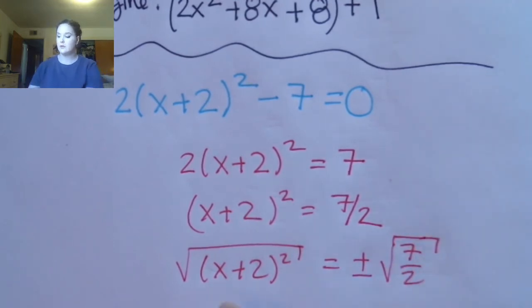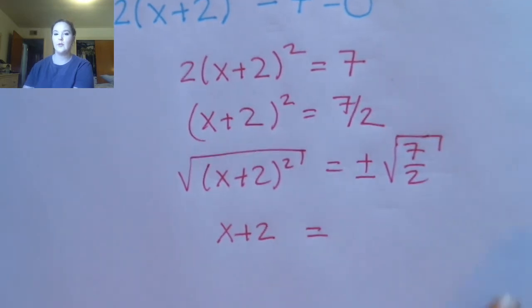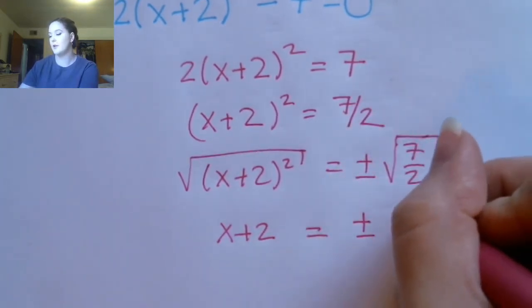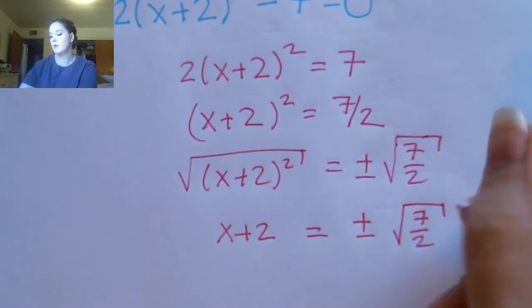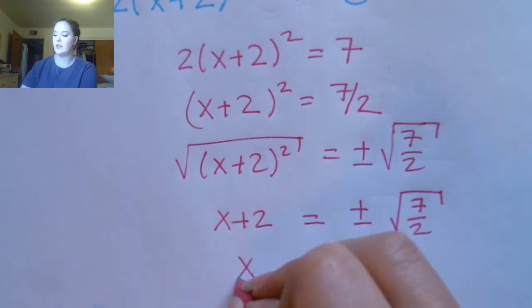So over here I get x plus 2. And over here you can't simplify this at all because 7 isn't a perfect square, but neither is 2. And now we're going to subtract 2 from both sides.